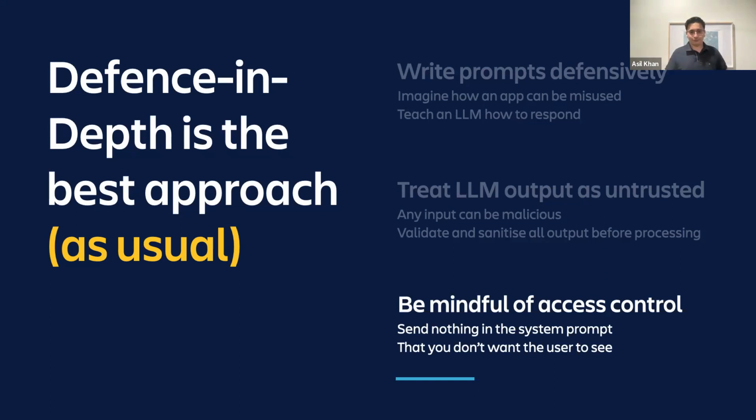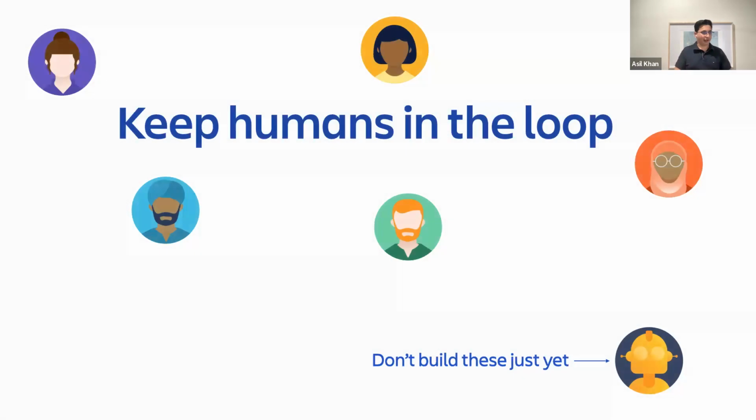And finally, while we're still working out the security implications, we should keep humans in the loop. If you're making an application that's like a document helper, a generative assistant, always make sure a human user can approve the message generated by the large language model.